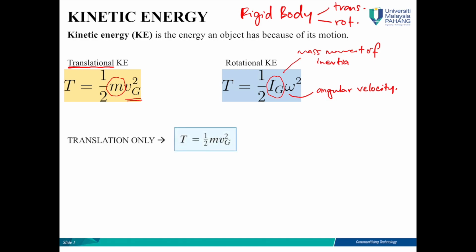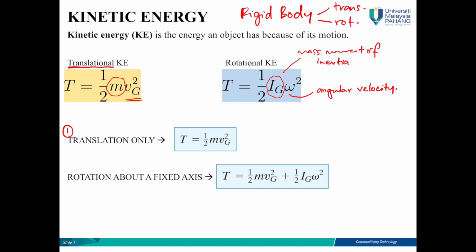Now, we have discussed previously that there are three types of motion for a rigid body. The first type of motion, when you have translation only, the kinetic energy will be equal to 1 over 2 m vg square. When there is rotation about a fixed axis, you have two terms: the translational term and the rotational term. You add these two terms and you get the total kinetic energy.